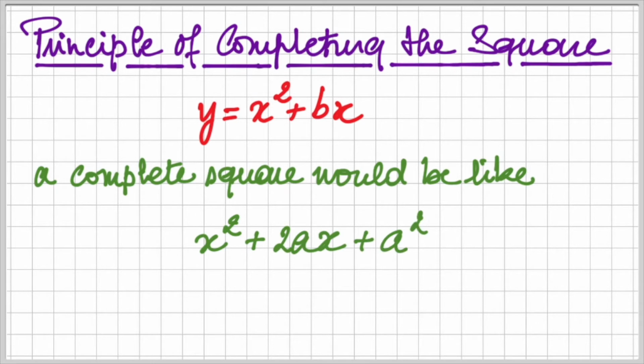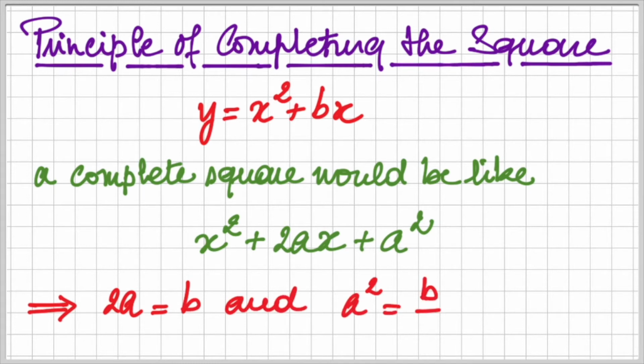Now, a complete square would look like x squared plus 2ax plus a squared. So basically that would be a quadratic equation where we have a complete square. Now, when we look at this, we can say we have the term 2a, which in the top equation is equal to b.